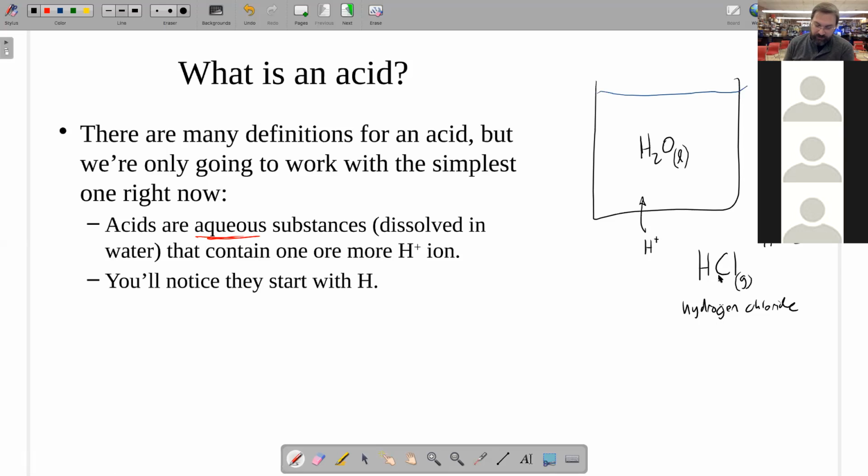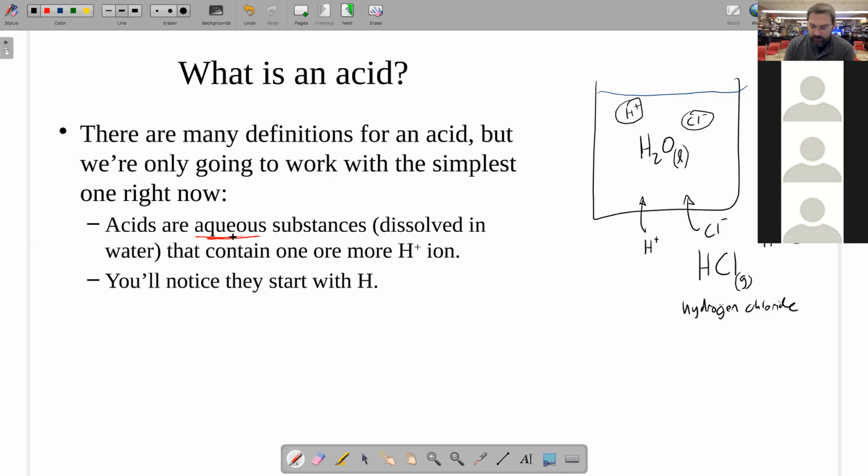When you put hydrogen chloride gas into water, it becomes dissociated. What that means is that there are hydrogen ions and, separately, chloride ions swimming around in the water. And because there are hydrogen and chloride ions in the water, we name that as an acid.